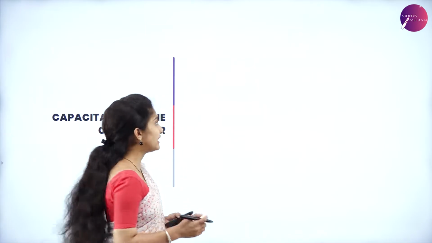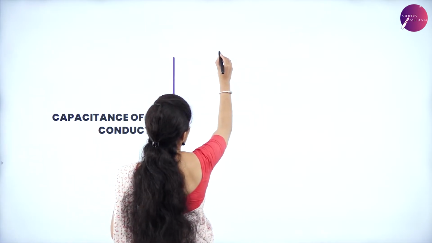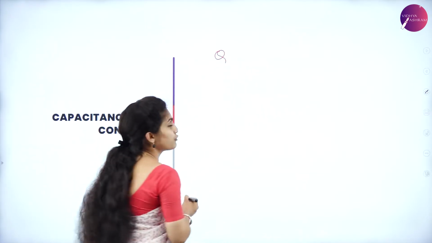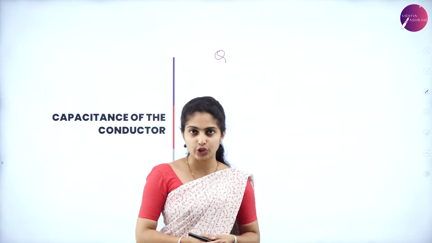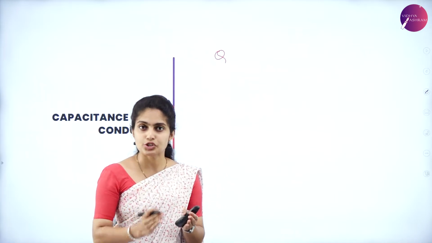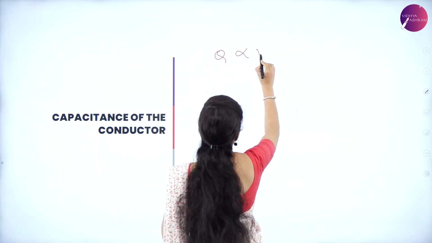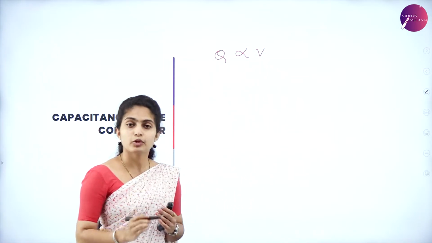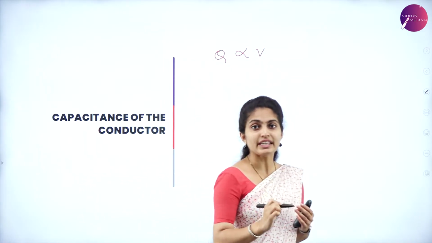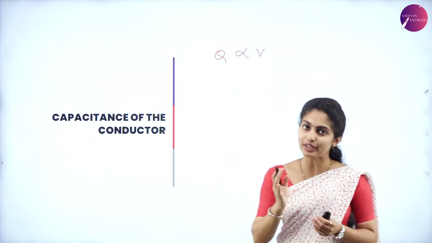So now we can tell that the charge is represented by the capital letter Q. Q is directly proportional to the electric potential. Potential is given in terms of V, whose SI unit is volt.